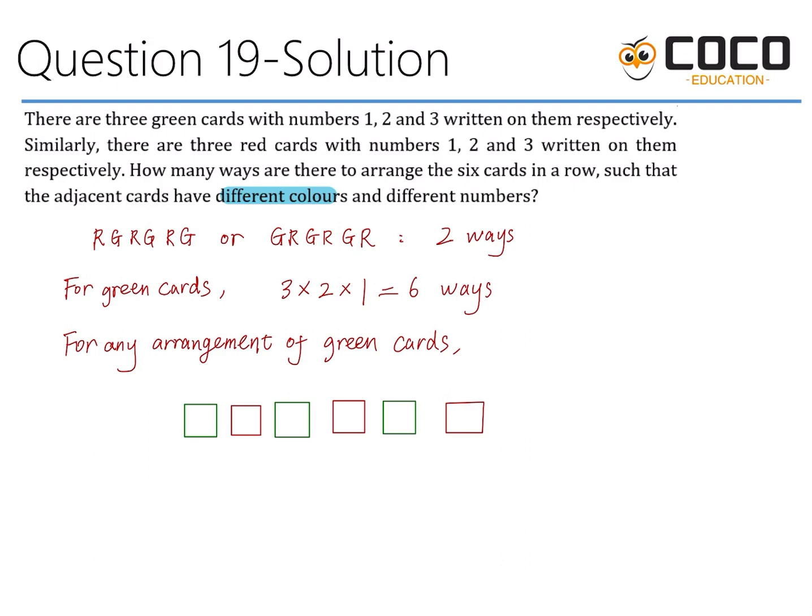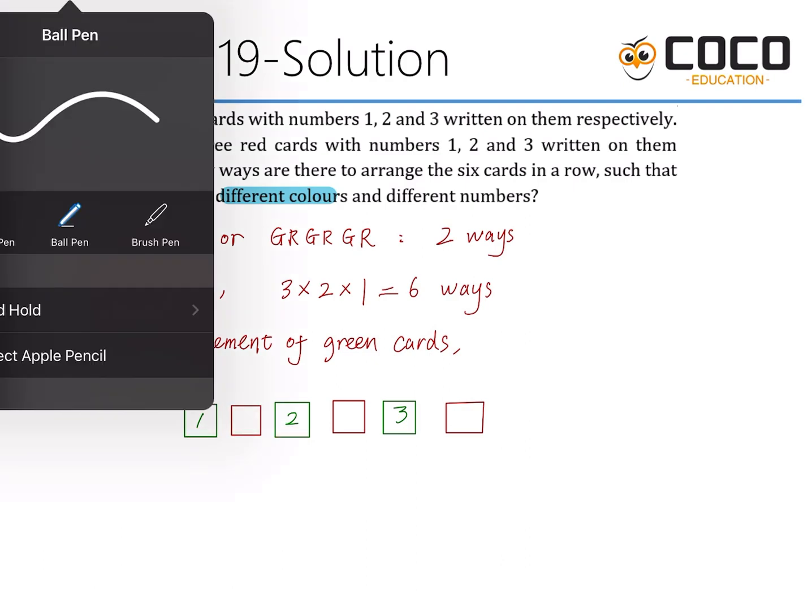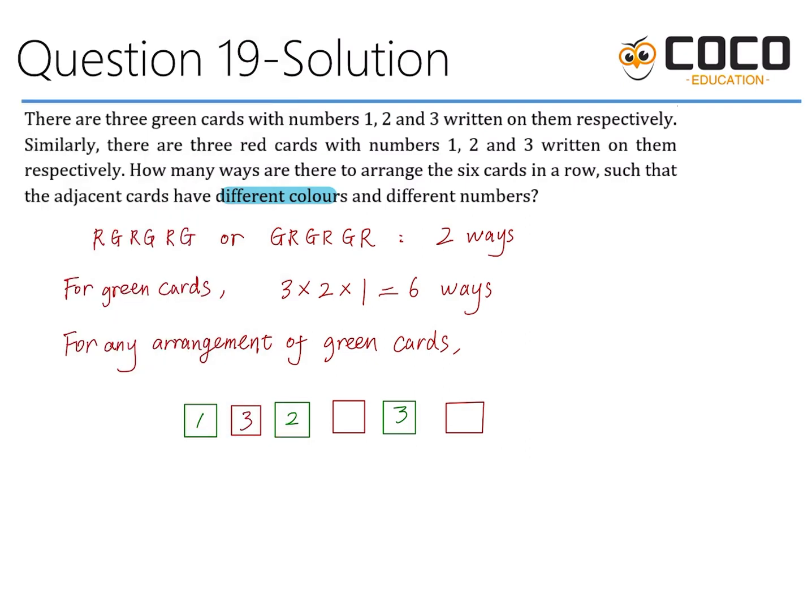So if the green cards is arranged as 1, 2, and 3. Now for the red cards. So the card between 1 and 2, it can't be 1 and it cannot be 2. So it can only be 3. For the card between 2 and 3, it can only be 1. So the last card can only be 2.